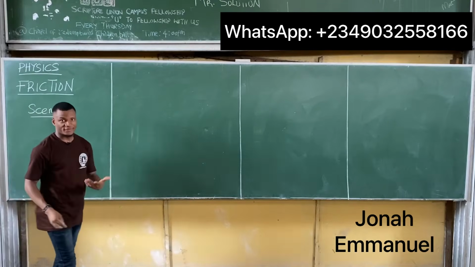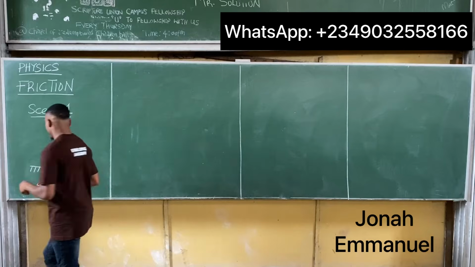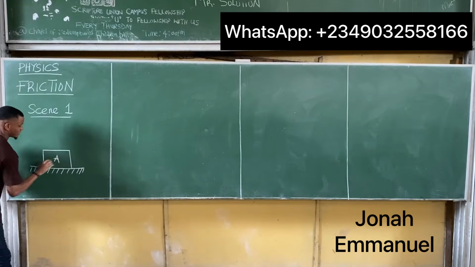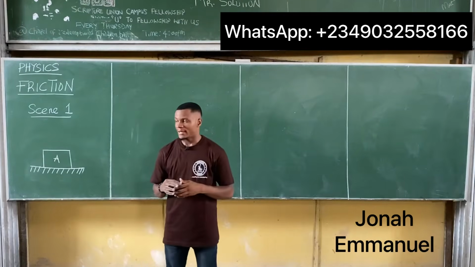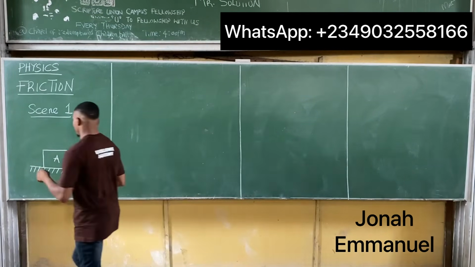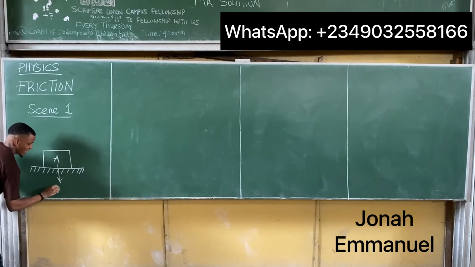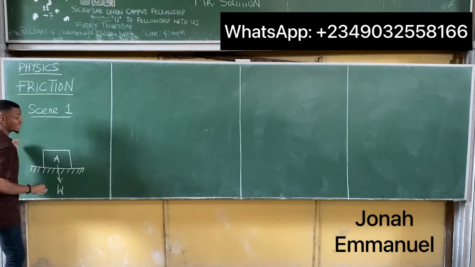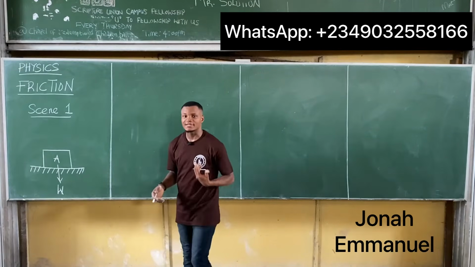So we'll draw this, showing that it's a rough surface. Now, when a body is resting on a rough surface, two forces act on it. The first one is the weight of the body, which acts downward.